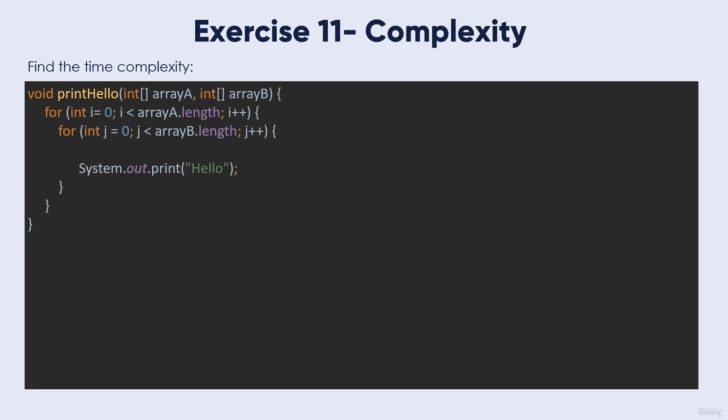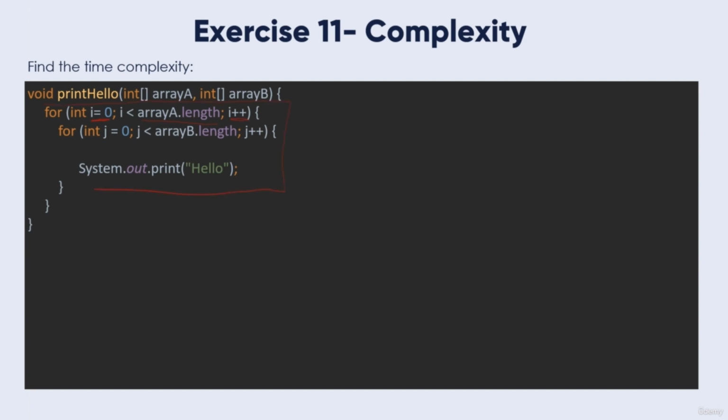We don't take care about this. Then we have here the for loop. The first for loop is starting from i equal to 0 and stopping at array A dot length, with i plus plus. So we have solved many exercises about this.